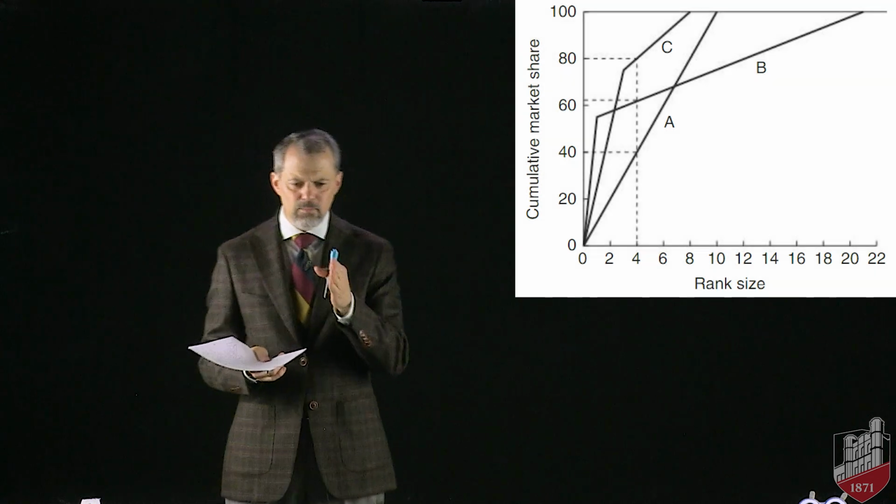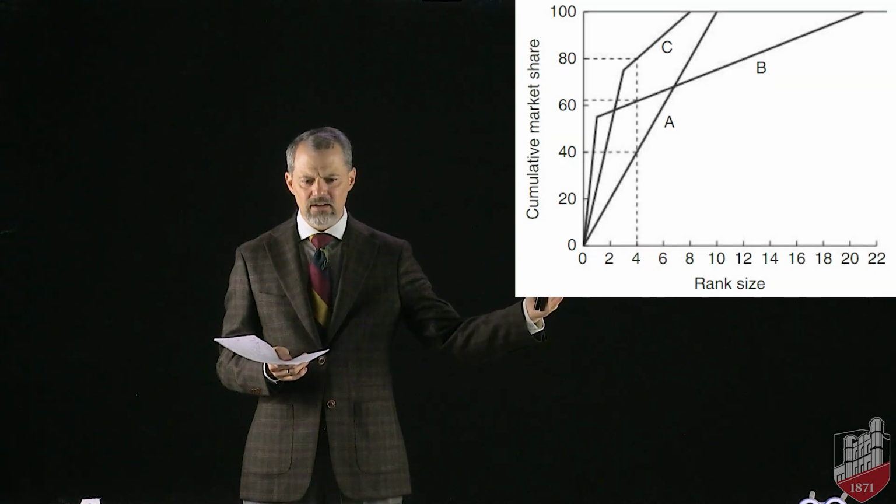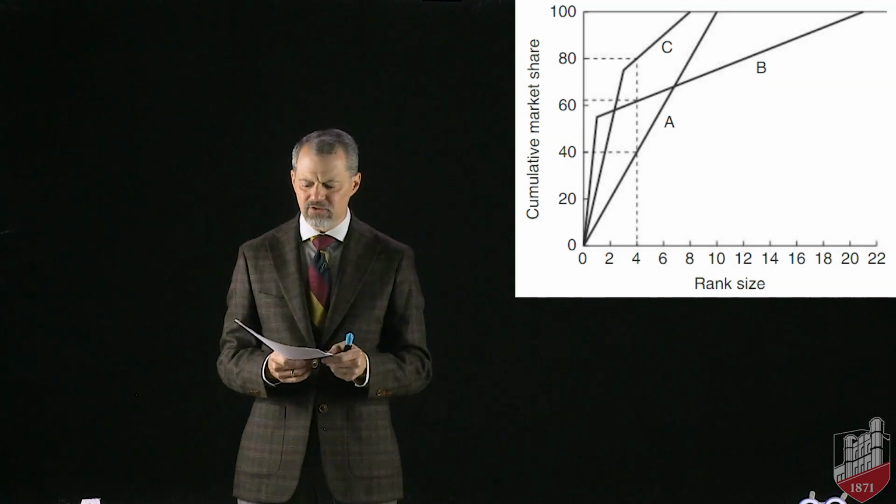The way that you put a concentration curve together is essentially you would rank all the firms in the industry by size, and you would let firm 1 be the biggest firm in the industry. If the two biggest firms had equal market share, then it doesn't matter which one you call 1 or 2. So you rank them, 1 being the biggest, down to the nth firm being the smallest.